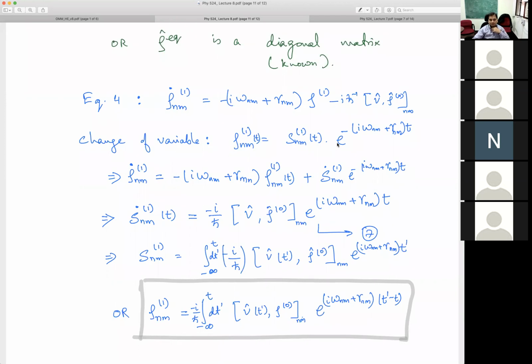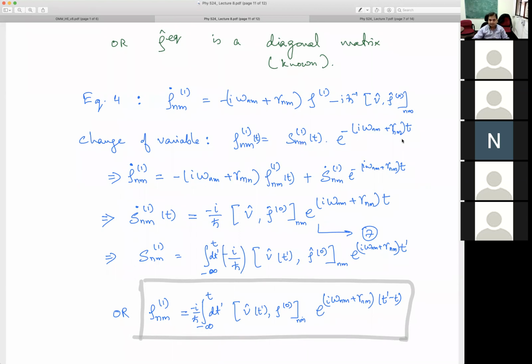Okay. So let's just see that explicitly. You do a rho dot using this equation. So I do derivative by parts. I bring down this term, so i omega nm plus gamma nm. It is written wrongly here, should be nm.